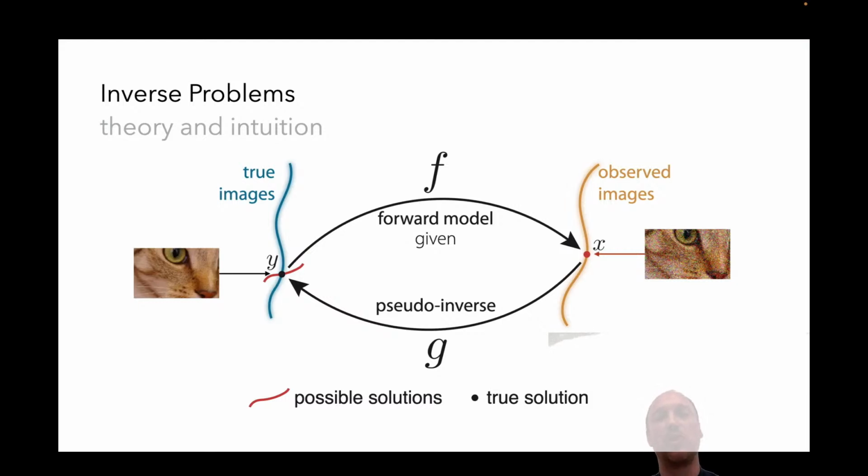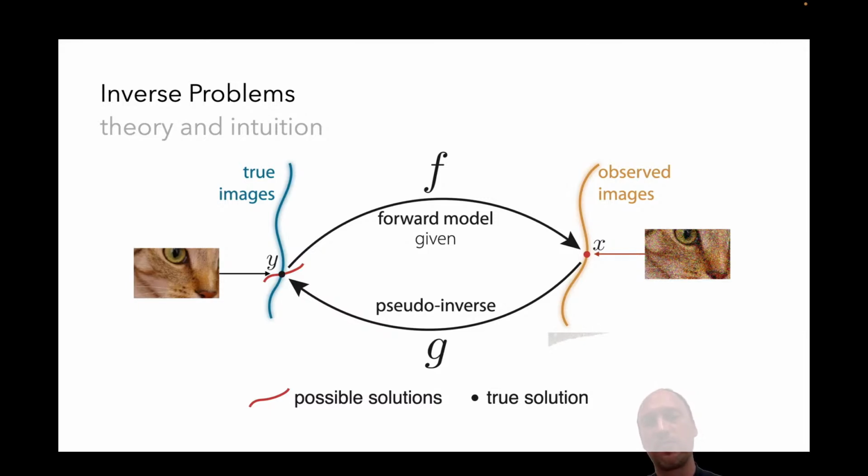The true solution is a true image, and it is also consistent with, a potential explanation for, what you have observed. In reality, the intersection between the blue and the red could be just a single point. It could be multiple of them.